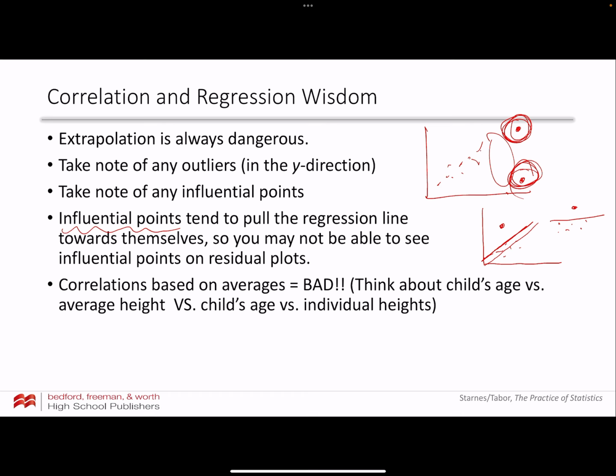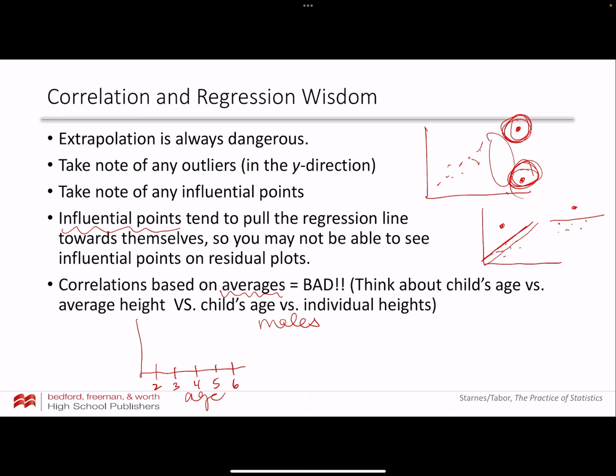All right, this last bullet point, let me clarify what this means here. If I look at age versus average height, what I'm talking about is averages. So for example, let's say males, and this is their age, males at age 2, 3, 4, 5, and 6 or something like that.